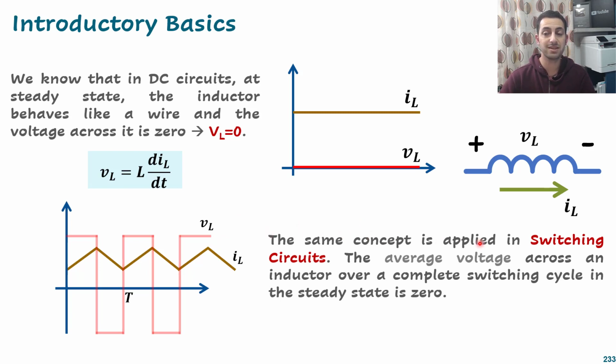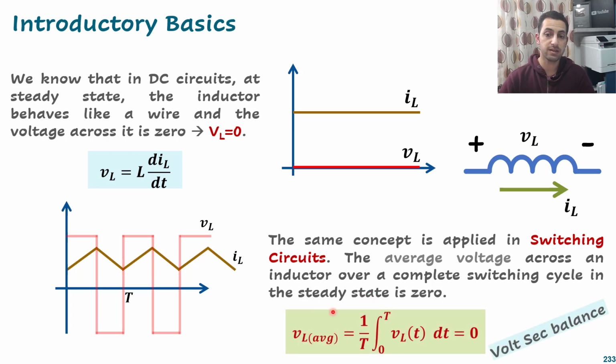So the same concept applies in switching circuits with this kind of inductor current and voltage. The average voltage across an inductor over a complete switching cycle in the steady state is zero. It is not the instantaneous voltage, but the average voltage over a complete cycle T. So the average voltage over one period equals zero, and this is called voltage-second balance.